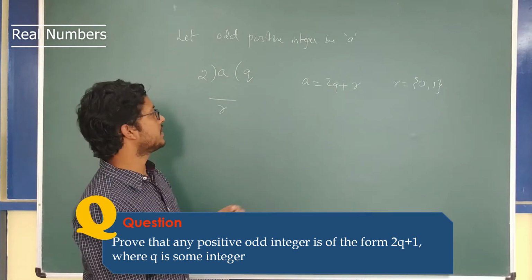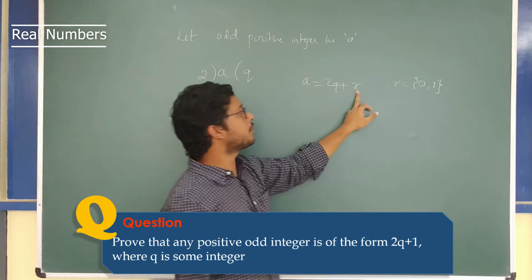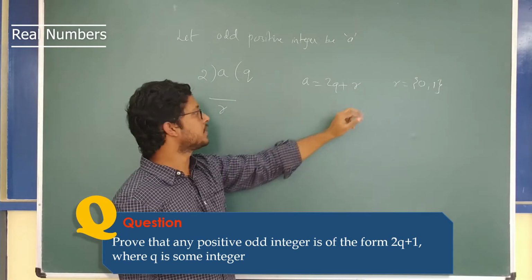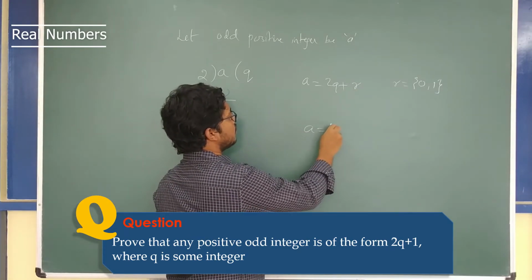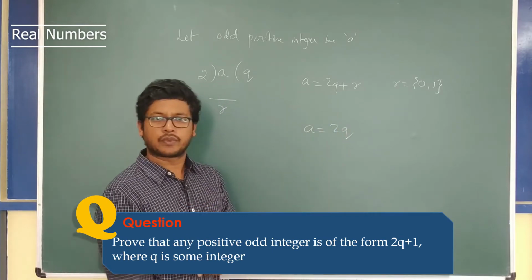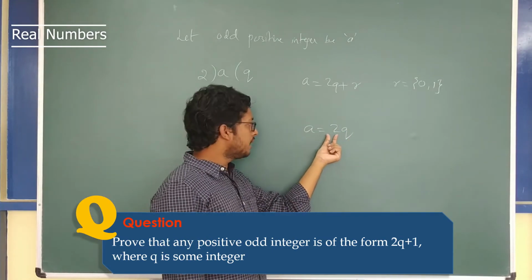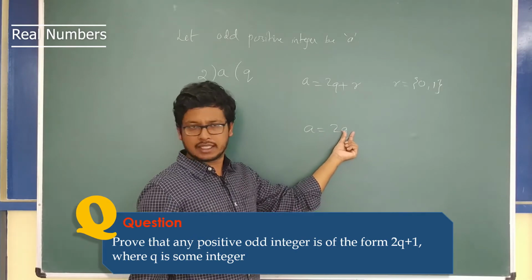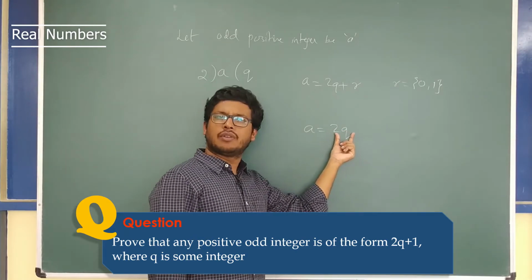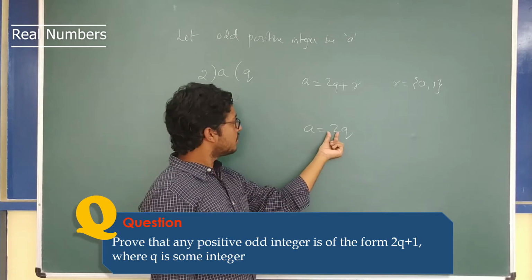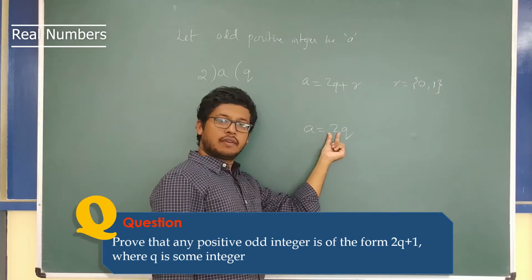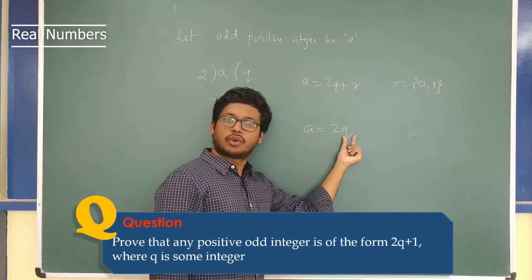Let's see what happens. If I put r as 0, then it will become 2q. 2 is an even number, and q is some integer, which means 2q will again be an even number, because you are multiplying even by some number q.